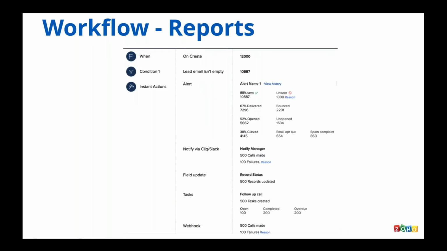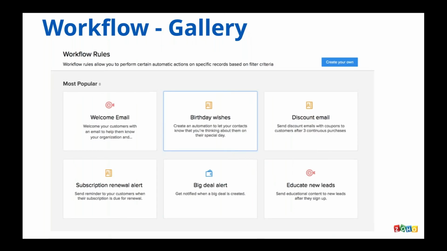And this is the reports on the workflow. You go inside the workflow and you can see how many alerts have been sent from a particular workflow, how many have been opened, how many delivered, all the necessary insights about that particular workflow. And this is the gallery I was talking about. This is the sample.